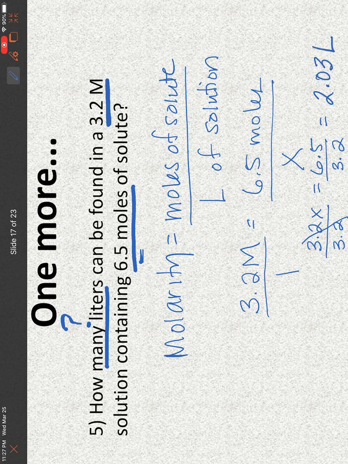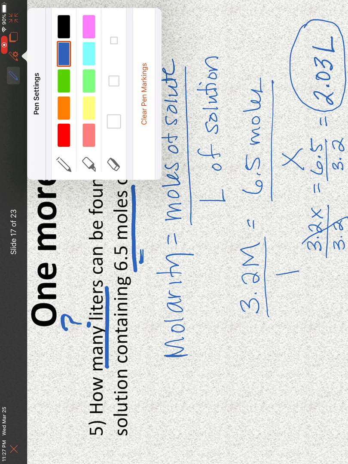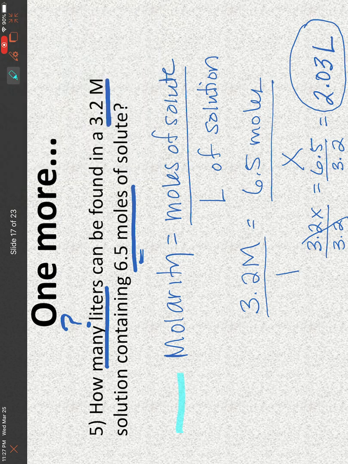This cancels out, and if you divide 6.5 by 3.2, you get 2.03 liters. So this is your answer.